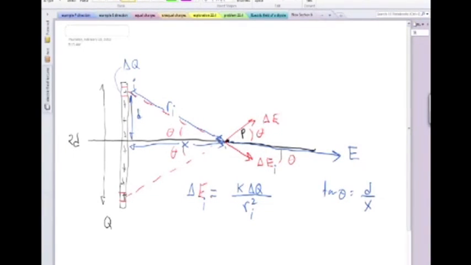Okay, so because the electric fields are going to cancel in pairs, the y components of the electric field are going to cancel in pairs. You would always find, to every section of the rod up here, a section of the rod below that cancels the y electric field of that charge. So what I'm trying to say is that for the net electric field, you only have to worry about adding up the contributions in the x direction of all of the electric fields of the little pieces, right?